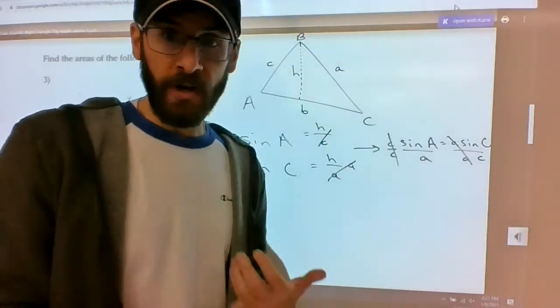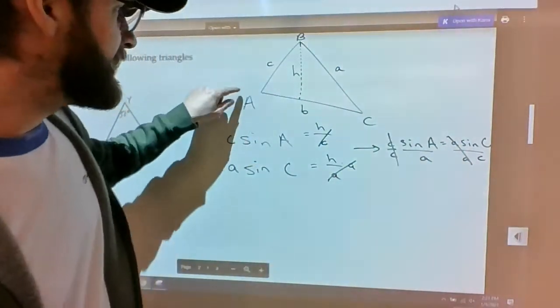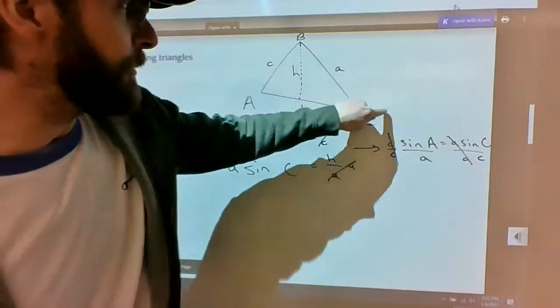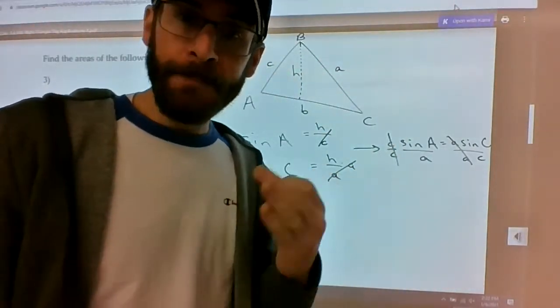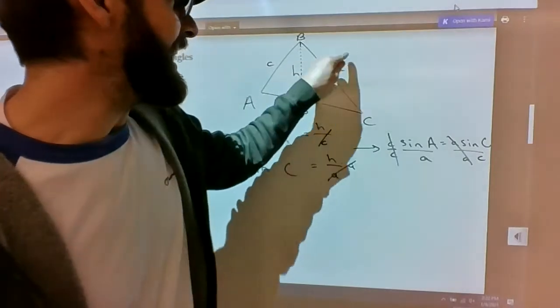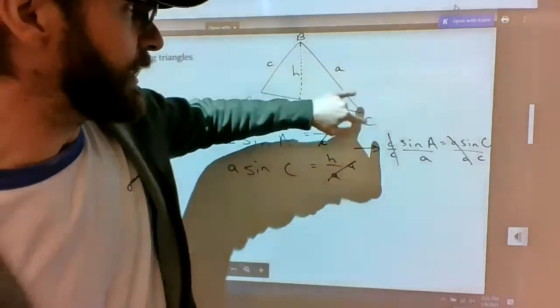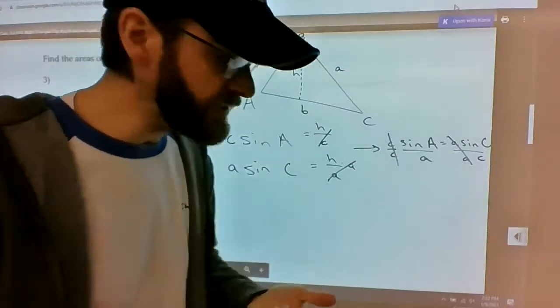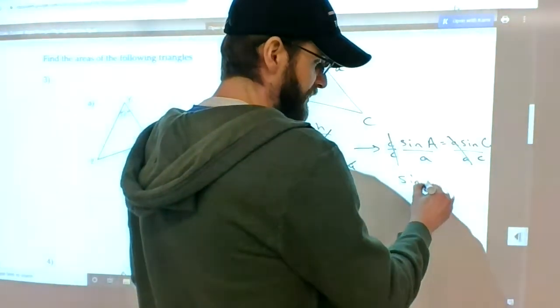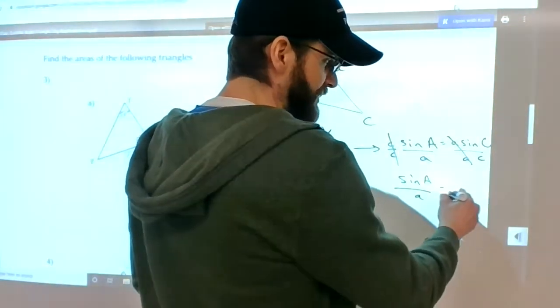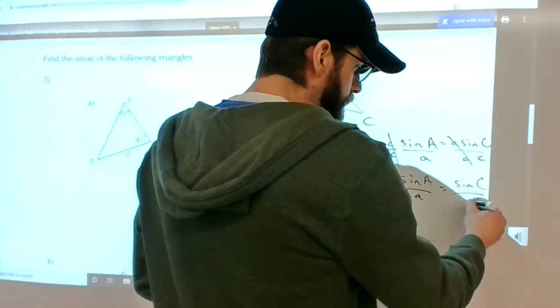So this is really helpful if we have diagonal information. If we have 3 out of the 4 pieces of information of diagonals, what I mean by that is the angle with its opposite side, we're in good standing here. So the sine of A over little a is equal to the sine of C over little c.